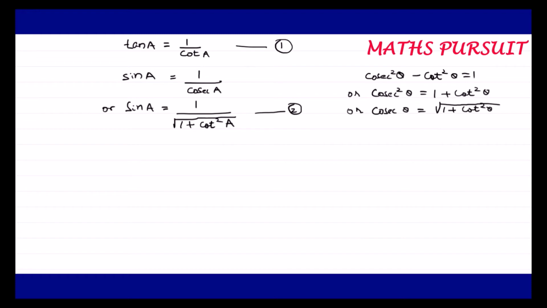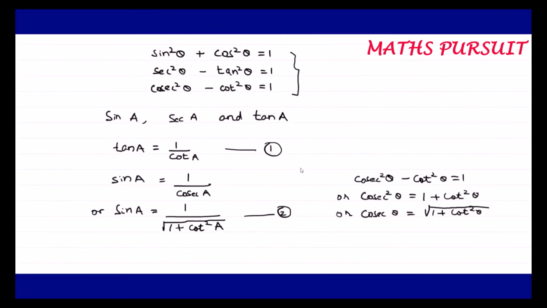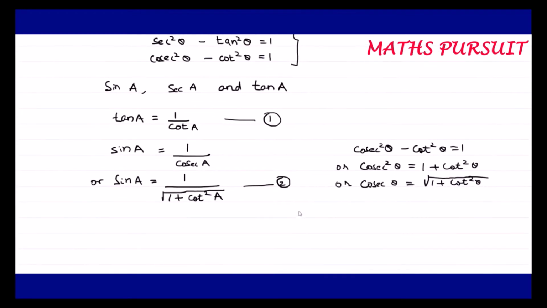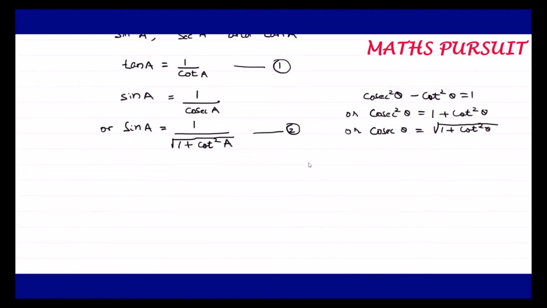Now let us look at sec A. But before that, you could see that what we got, sec square theta minus tan square theta is equal to 1. So let us derive sec theta from that one.